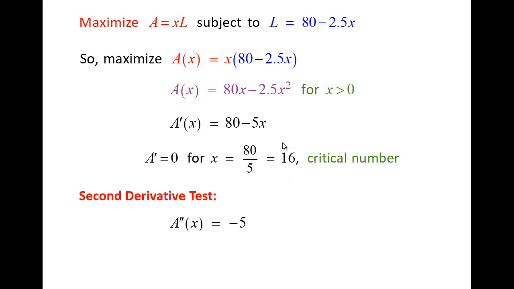The second derivative of this function is negative 5, which would be negative at the critical point, and as a result, at the critical point we have that the area function is concave down. Since it's concave down, it has a local max at this critical point 16, and that will be the absolute max because this is the only critical point.